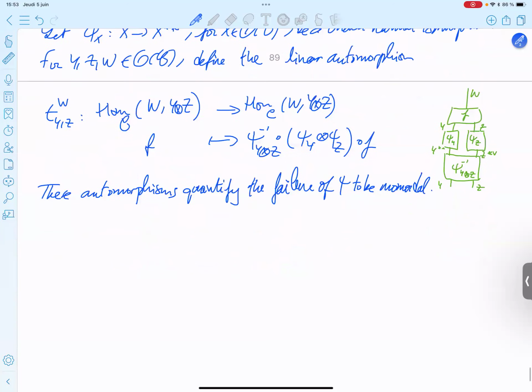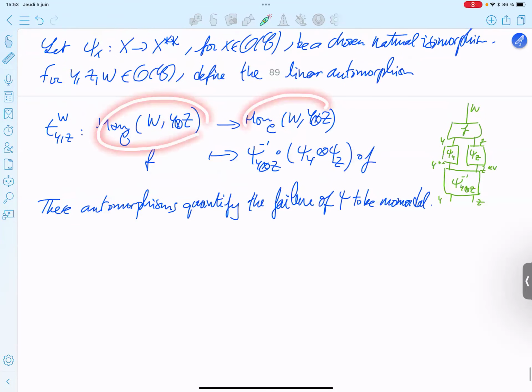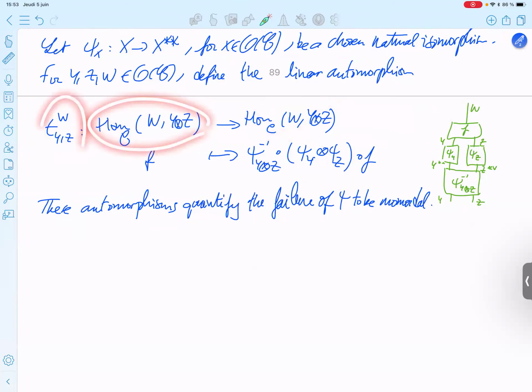Okay, so this is a vector space, and this is an endomorphism on the vector space, so it's nothing but a matrix. And so it makes sense to consider the matrix trace of this linear automorphism.